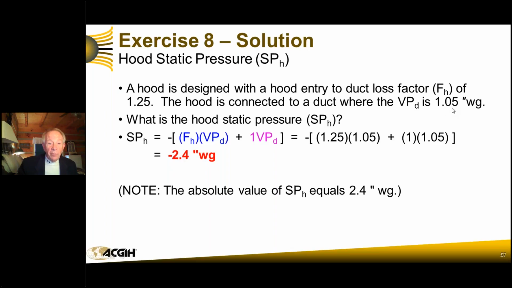The VP of the duct is 1.05, plus 1 times the VP of the duct, which is 1.05. So it's 1.25 times 1.05 plus 1 times 1.05, which is 2.4 inches of water column. So if you come back behind this hood and you measure 2.4 inches of water column, you know you have a velocity pressure of 1.05, which is about 4,010 to 4,020 feet per minute.